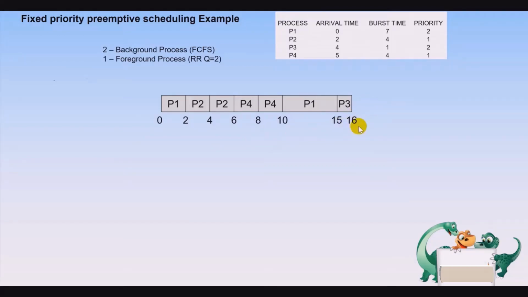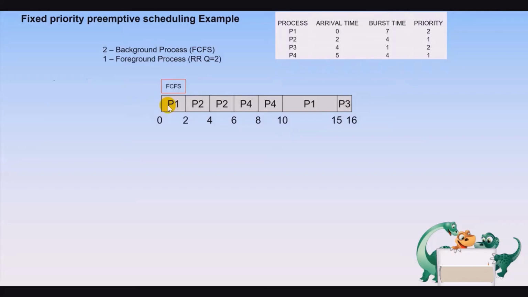Alright? Now, P1 here was executed using first come first serve, but take note, this is a preemptive algorithm. Why? Because the higher priority came in, so process 1 has been preempted.